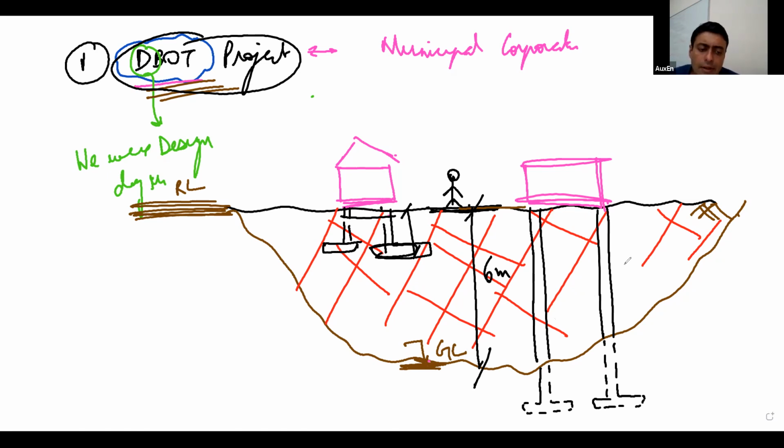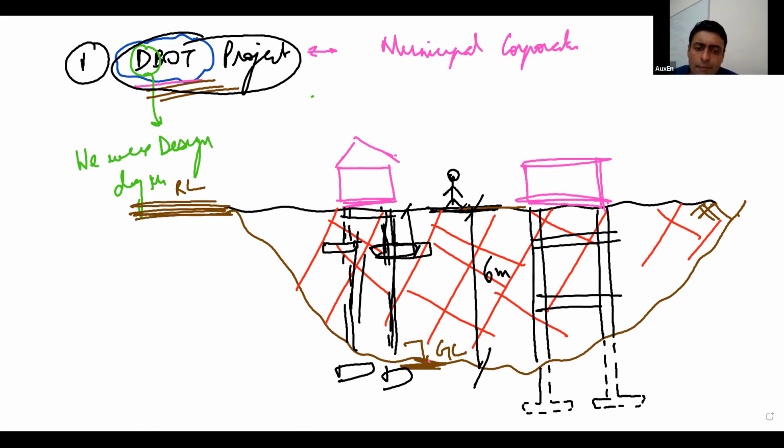So their entire budget went haywire, and then they had to revise all their calculations, and all the footings had to be provided at least 2 meters below the 6 meter level. So it looked so funny that we had to construct all these columns from this level. Okay, so their entire budget went out of place, and actually they incurred losses on this project.